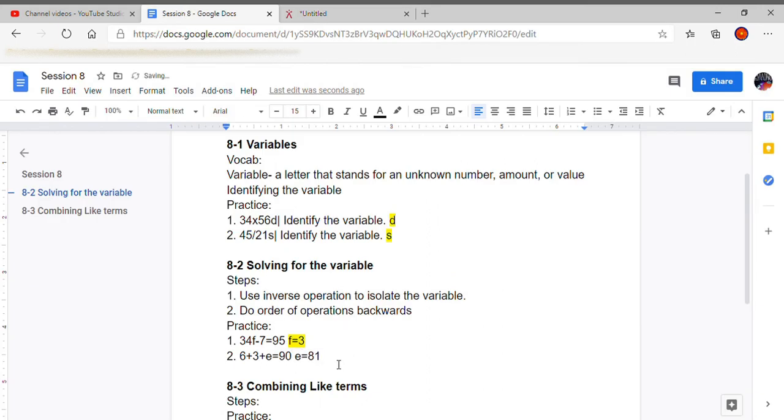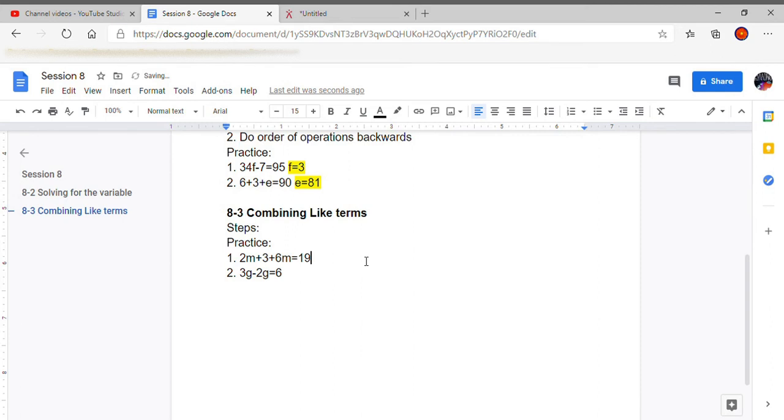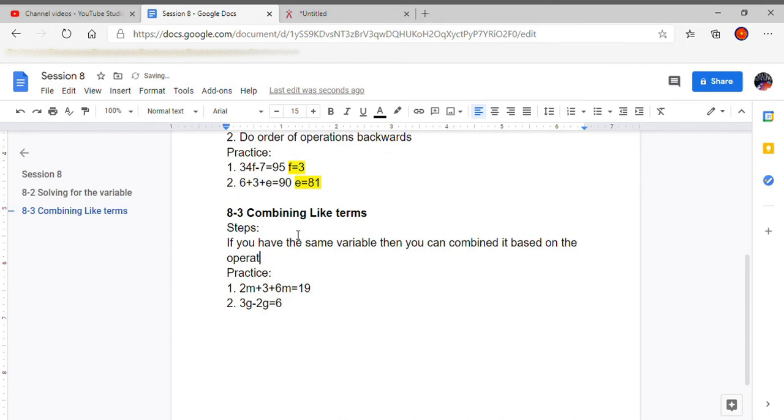The next one is the same thing about solving for the variable, just with a trick called combining like terms. The step is, if you have the same variable, then you can combine it based on the operation of the variable.